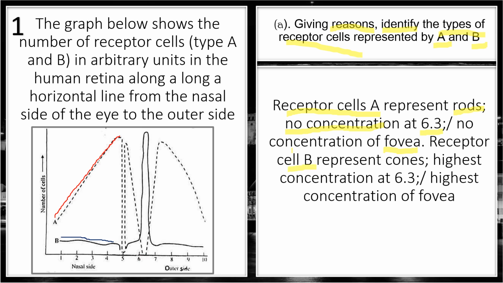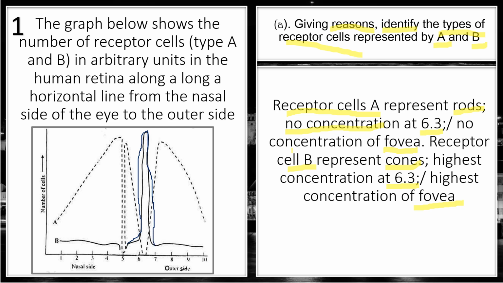Receptor cell B represents the cones. Highest concentration at 6.3, the highest concentration at the fovea. So for the receptor cell which we are calling the cones, they have the highest mark here.